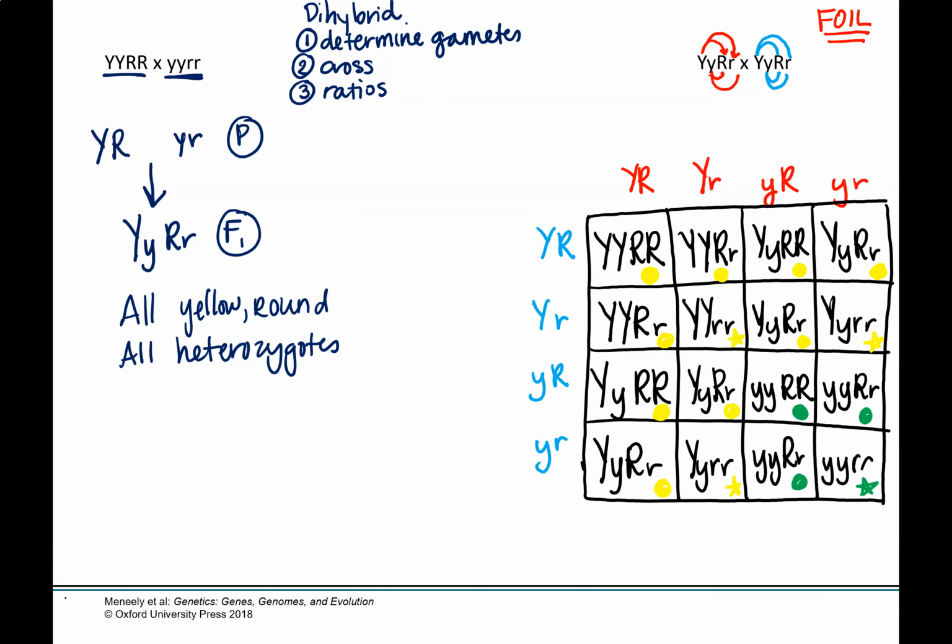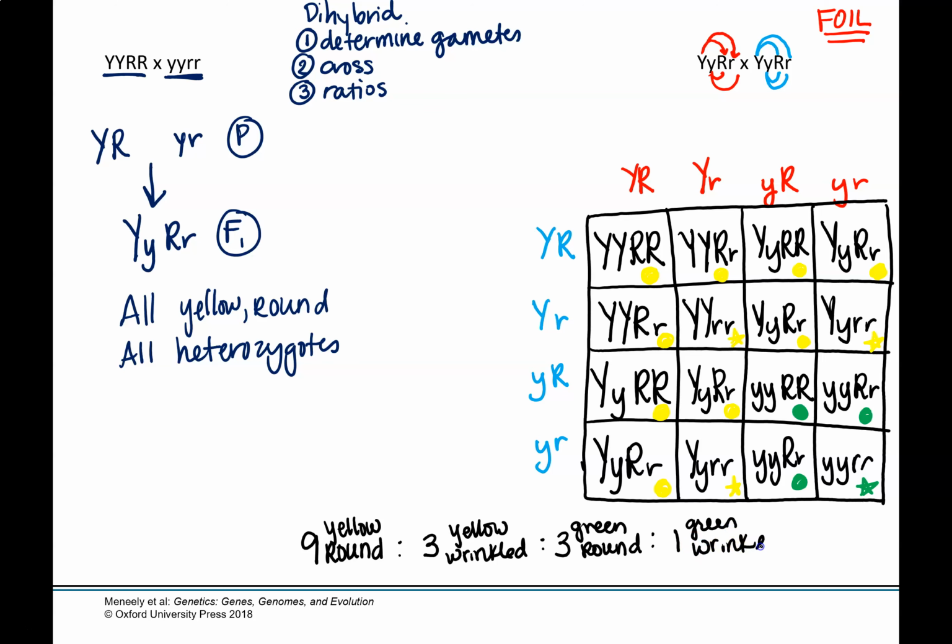So if we count these out, we will discover that we have 9 yellow and round, 3 yellow and wrinkled, 3 green and round, and 1 green and wrinkled.